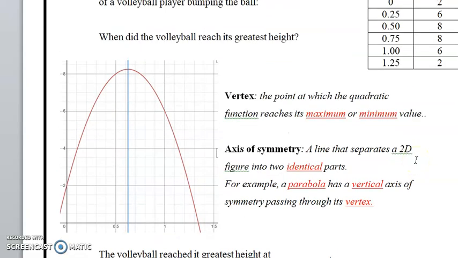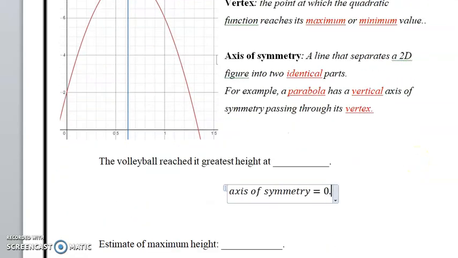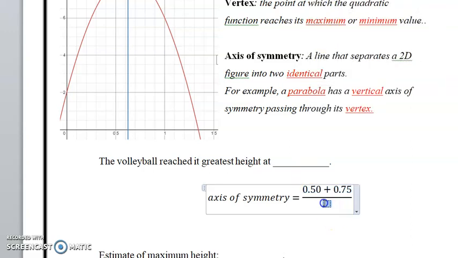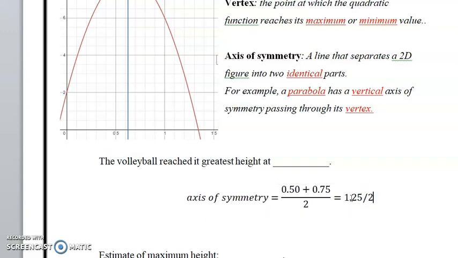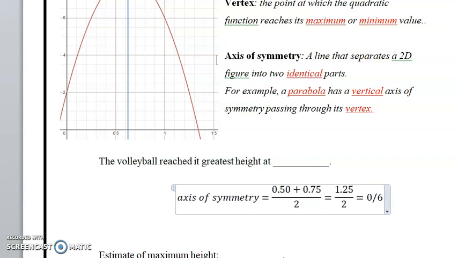So 0.50 plus 0.75, and then we divide that by 2. This is going to equal 1.25 divided by 2, which is equal to 0.625.